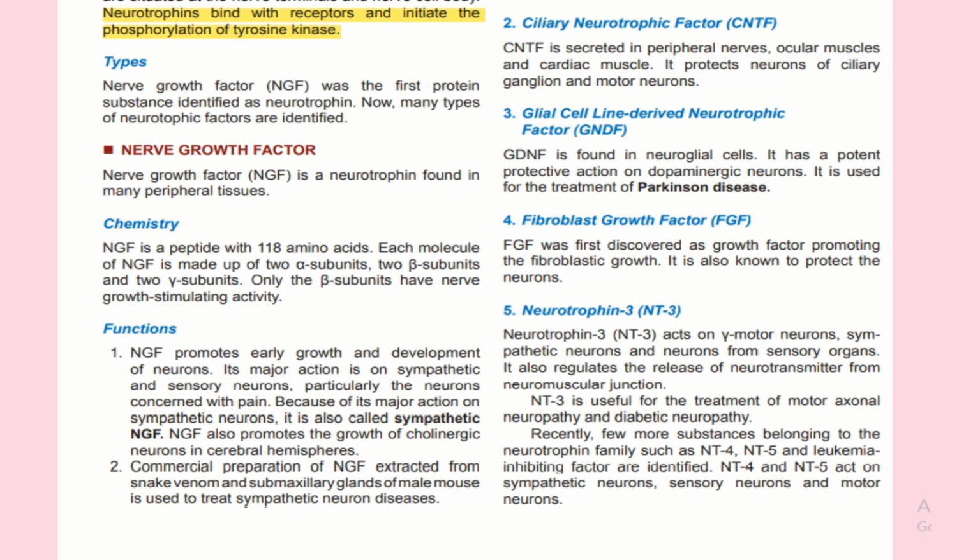NGF also promotes the growth of cholinergic neurons in the cerebral hemisphere. So mainly they are responsible for early growth and development of the neuron. Commercial preparation of NGF extracted from snake venom and the submaxillary gland of the male mouse is used to treat sympathetic neuron diseases.